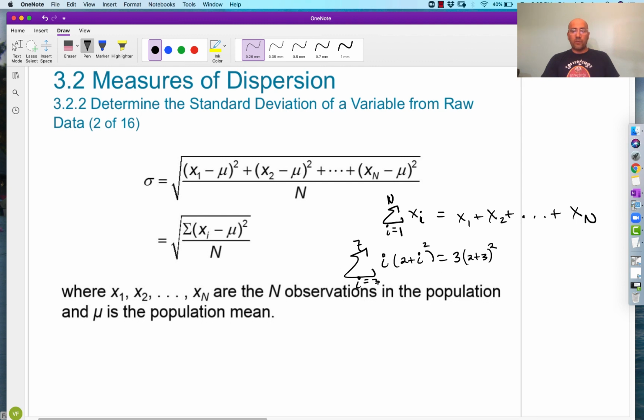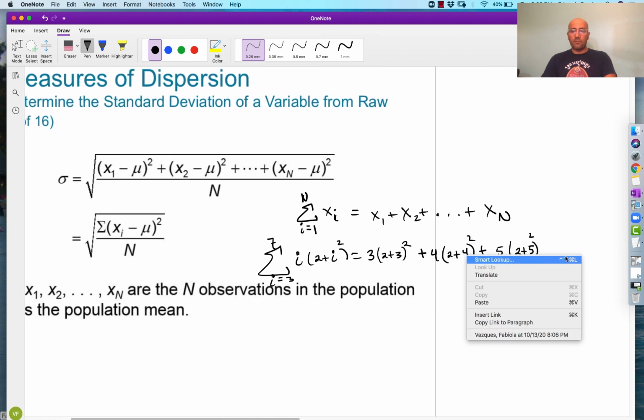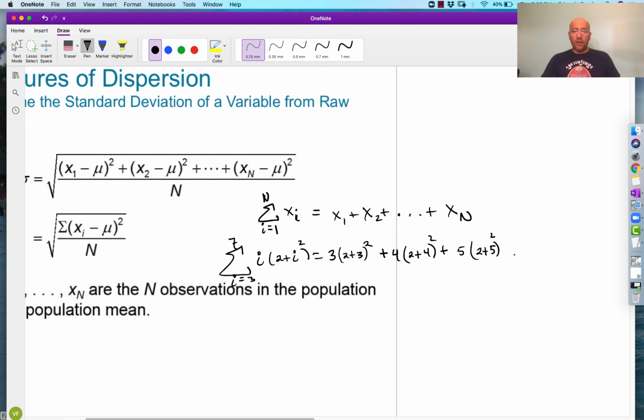So I replace the i's with a 3, plus, and now I do 4, so I'll have 4 times (2 plus 4) squared, plus, and then I do 5, so it'll be 5 times (2 plus 5) squared, and then I do 6, 6 times (2 plus 6) squared, and then I do 7, 7 times (2 plus 7) squared, and that's when I stop, right?